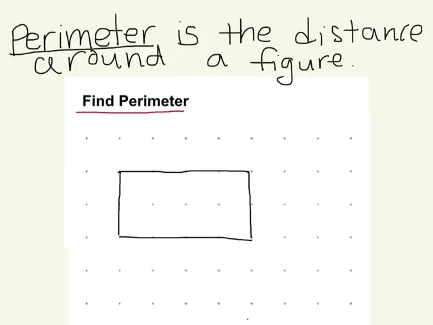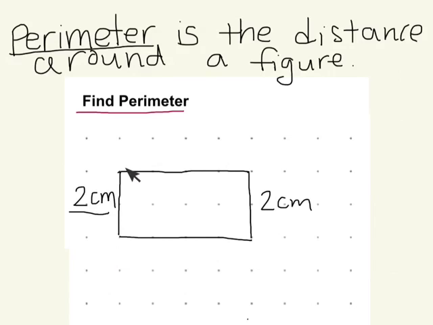Now, what should we label this first side? How many centimeters are on this side? That's right, 2 centimeters. We always label the sides when we're finding perimeter. It'll be really important as we get into some other shapes that are not rectangles to get in the habit of doing this. So we know if this is 2 centimeters, the opposite side is also 2 centimeters.